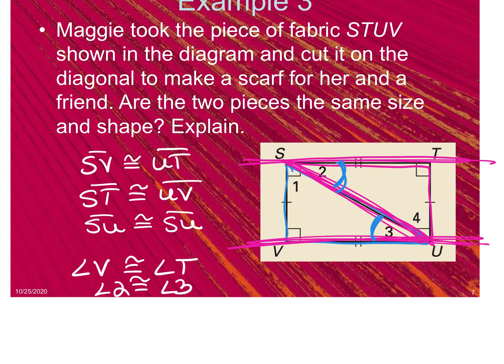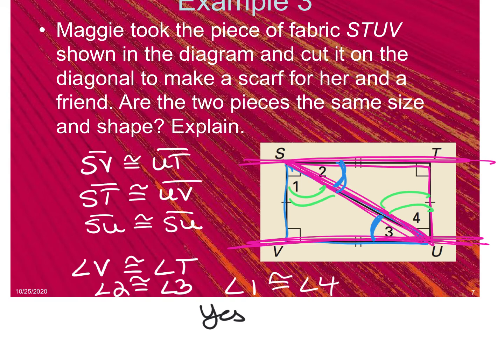And then the same thing, angle 1 is congruent to angle 4, because these are alternate interior angles because my lines were parallel. So I've now shown that all 3 angles are congruent in both scarves and all 3 sides of the scarf, making these 2 pieces of fabric the same size and the same shape. So this answer is yes, they are the same.